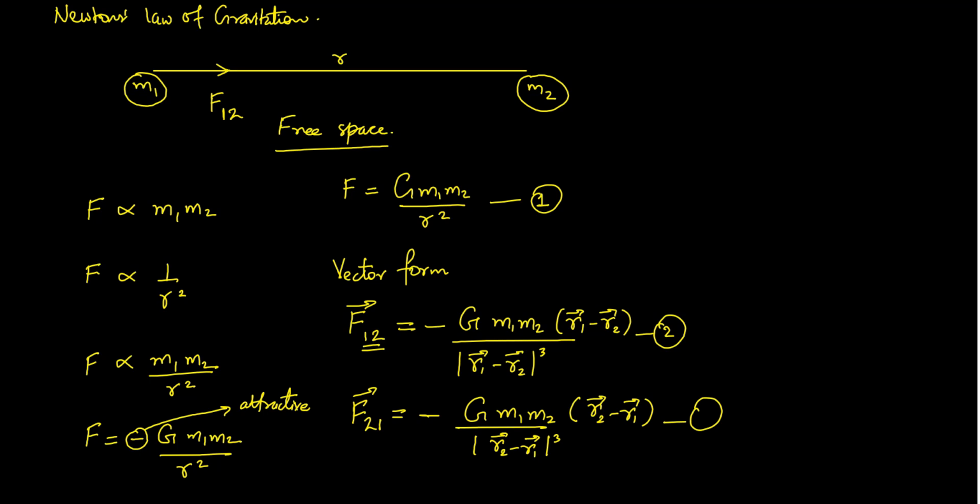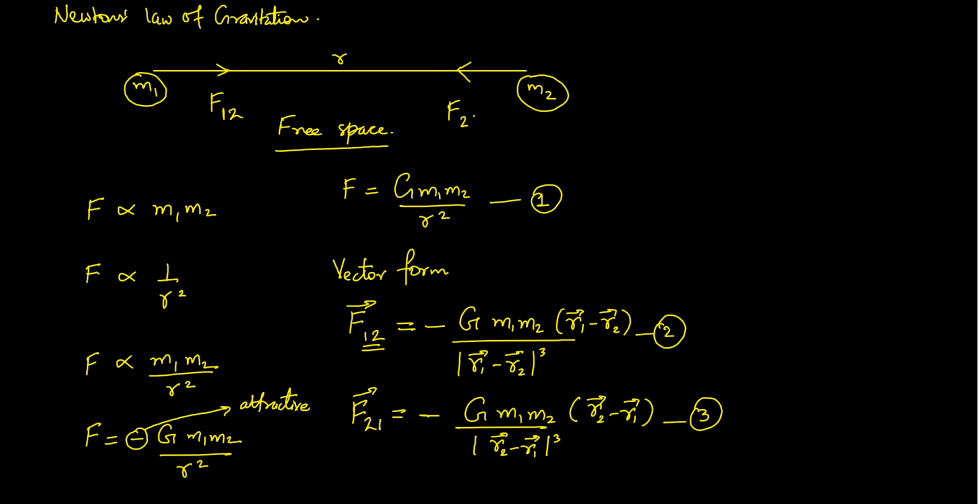This is the force on the second particle due to the first one. If I talk about the direction, m2 will be attracted by m1, so the direction of force will be from 2 to 1. And simply we can say it follows Newton's third law of motion.